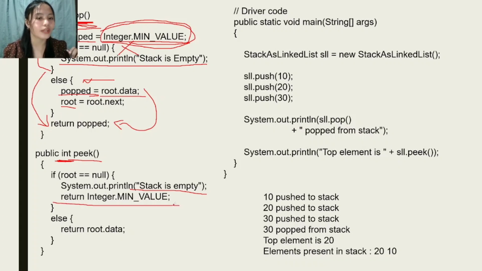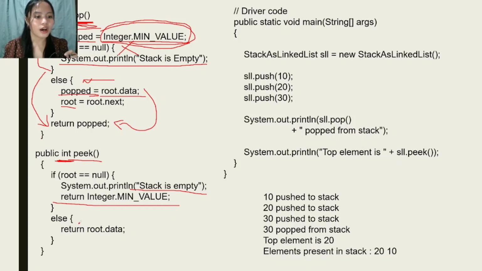As I've said, we don't have the underflow, so we won't be using that here. We will use Integer.MIN_VALUE. We will just return negative 2 to the power of 30 as an indication that our stack is empty.